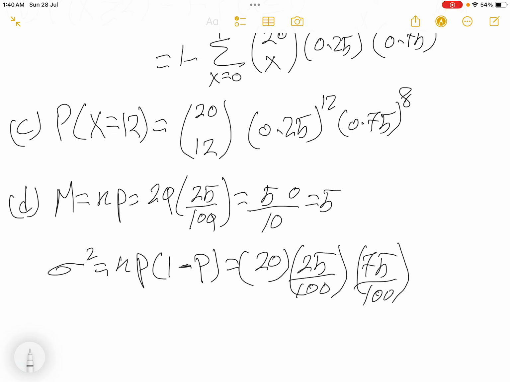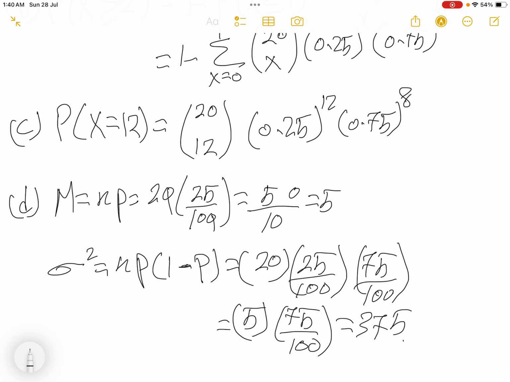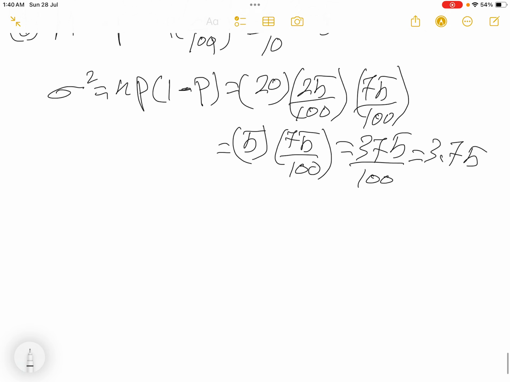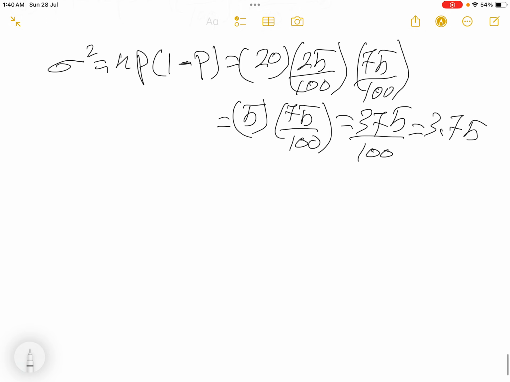You will have 5 times 75 over 100, which means 3.75. If he wants you to calculate the standard deviation, it will be the square root of n p times 1 minus p, which is the square root of 3.75.